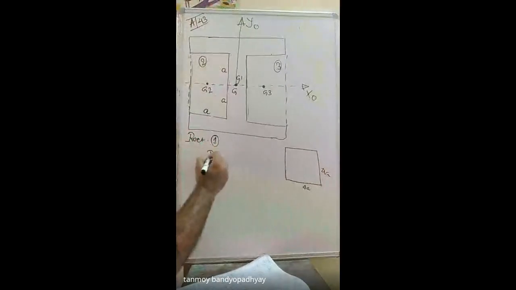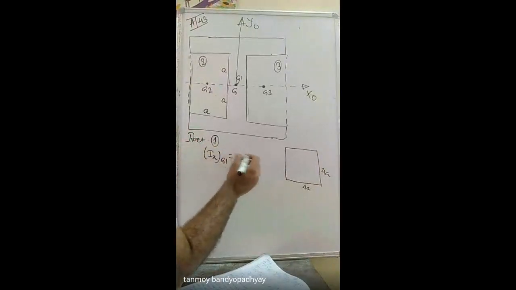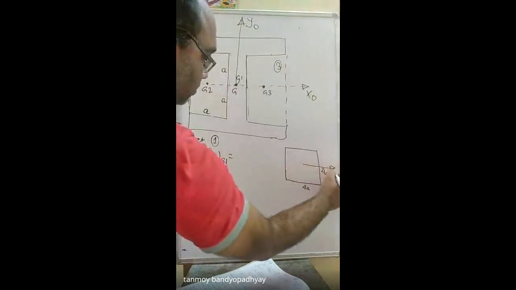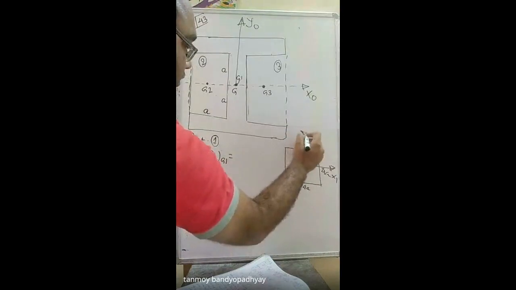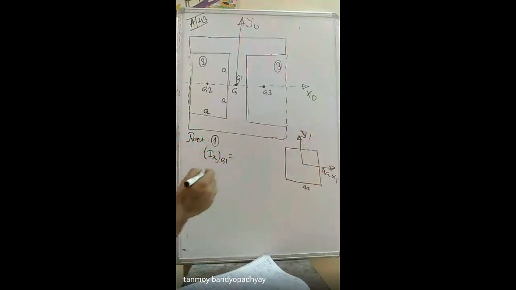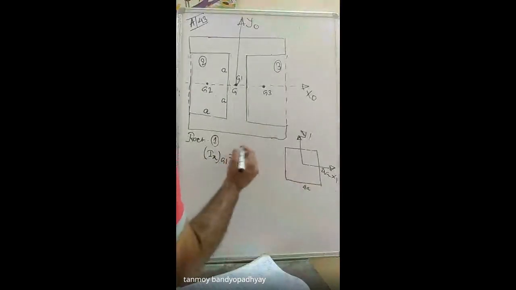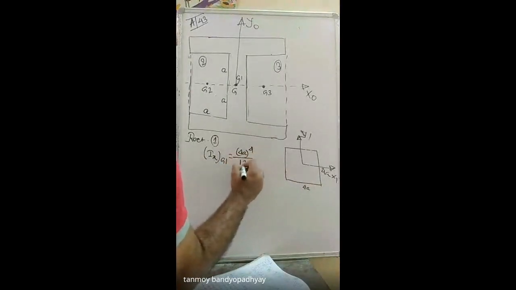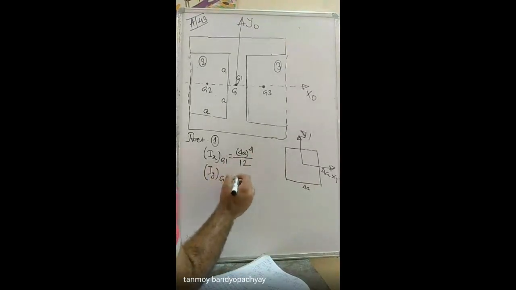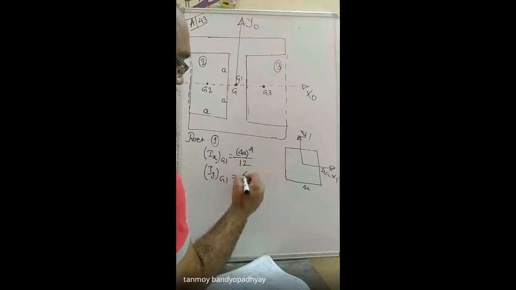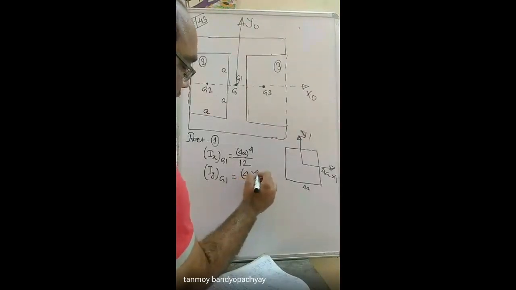So for a square, what will be Ix about G1? Let's call the axes x1 and y1, its own axis system. So what will this G1 be? It will be equal to bd cubed by 12, that is 4a to the power 4 divided by 12. And what will be Iy about G1? Again that will be 4a to the power 4 by 12.